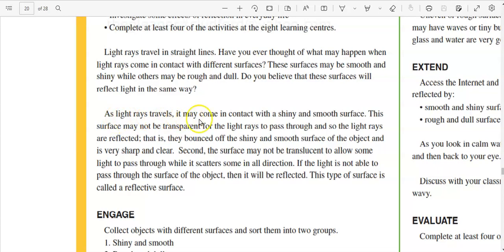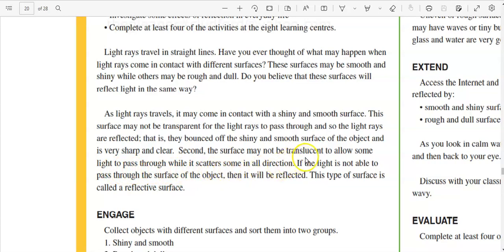As light travels, it may come in contact with a shiny and smooth surface. This surface may not be transparent for light to pass through, and so light rays are reflected. That is, they bounce off the shiny and smooth surface of the object and the image is very sharp and clear. Second, the surface may not be translucent to allow some light to pass through, while it scatters some in all directions.